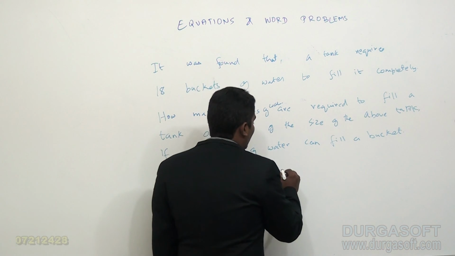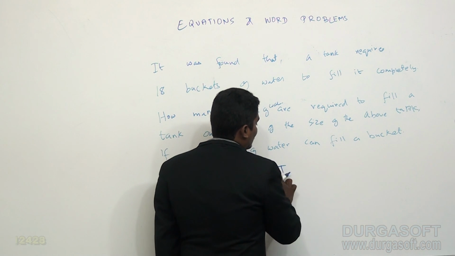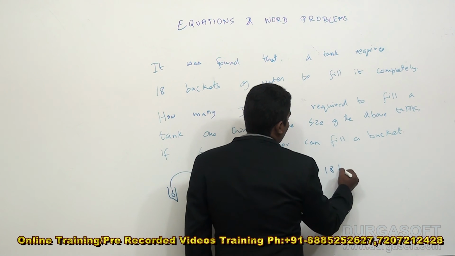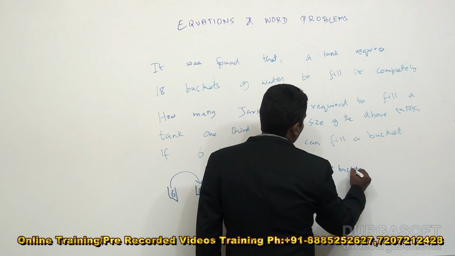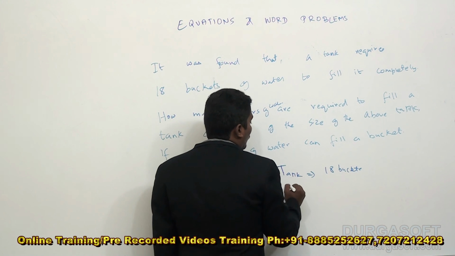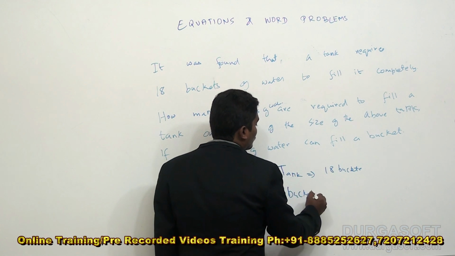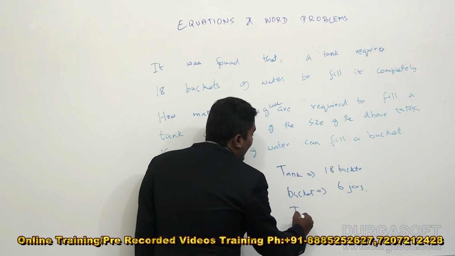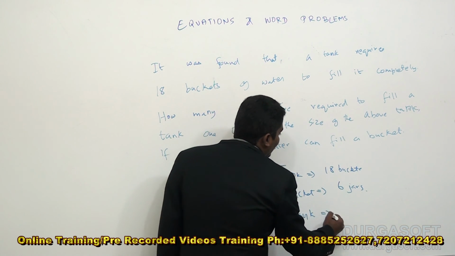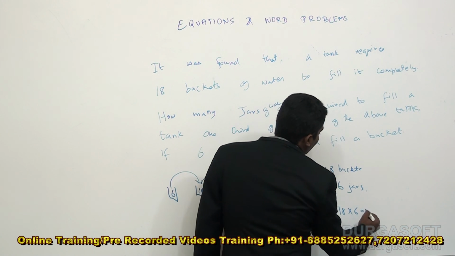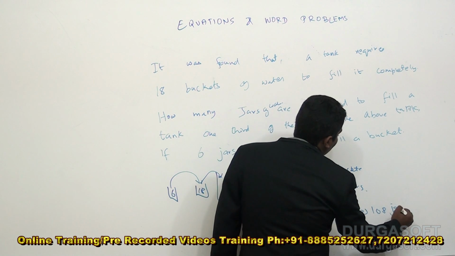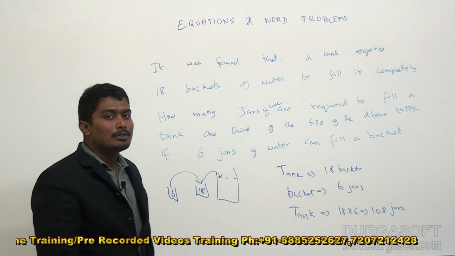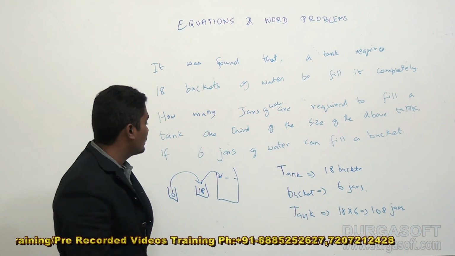The tank requires 18 buckets, and one bucket requires 6 jars. Then the entire tank will require 18 into 6, which is 108 jars.